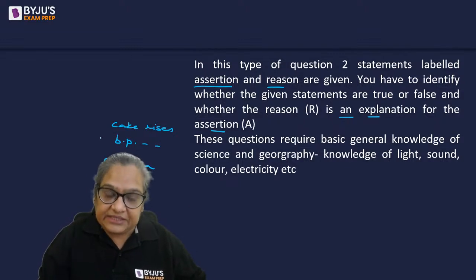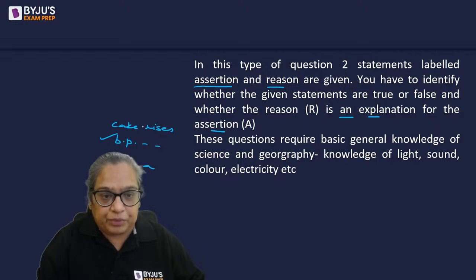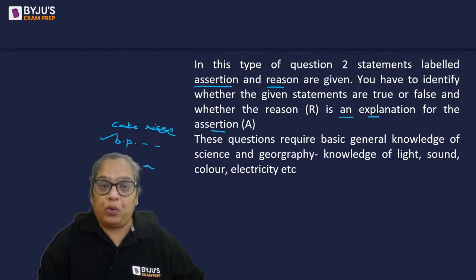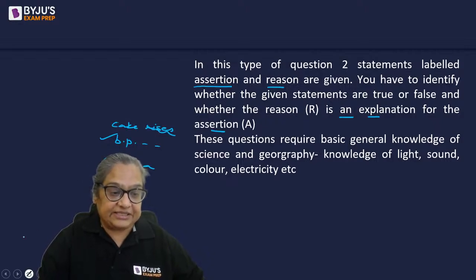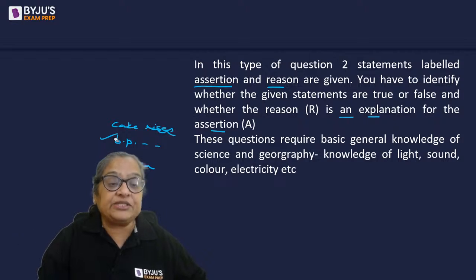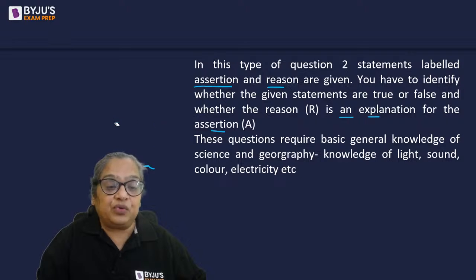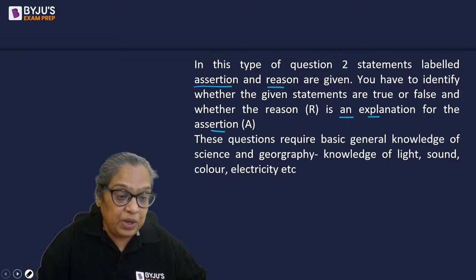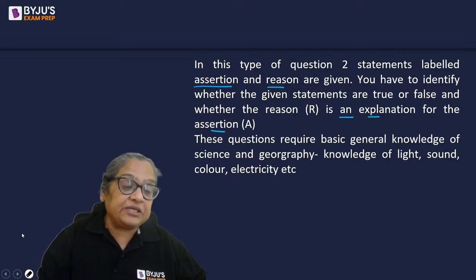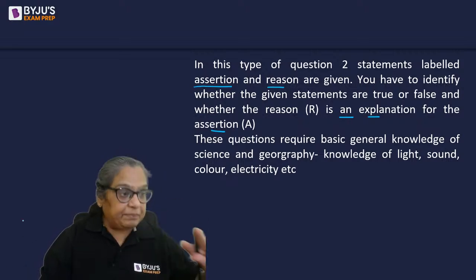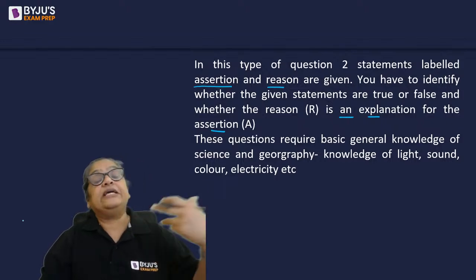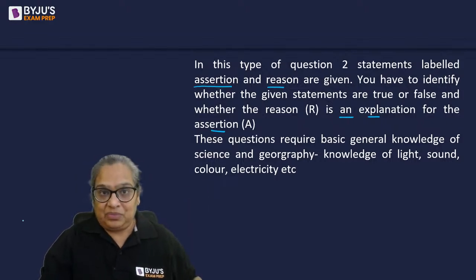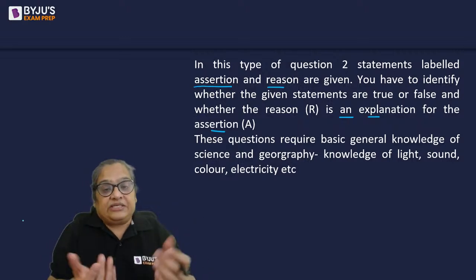People use baking powder in cakes, so yes, that is correct. Why? Because it is one of those agents which helps the cake to be lighter and to rise. So the statement is correct. Both statements are correct and R is an explanation for A.